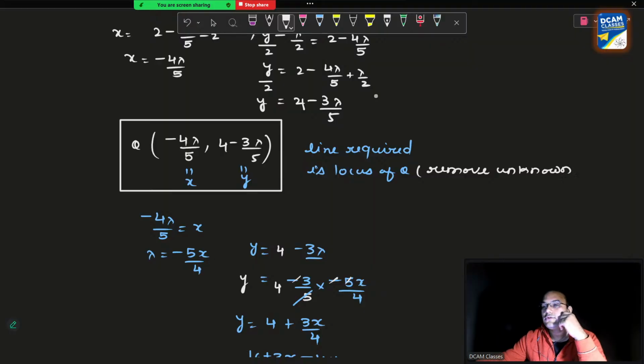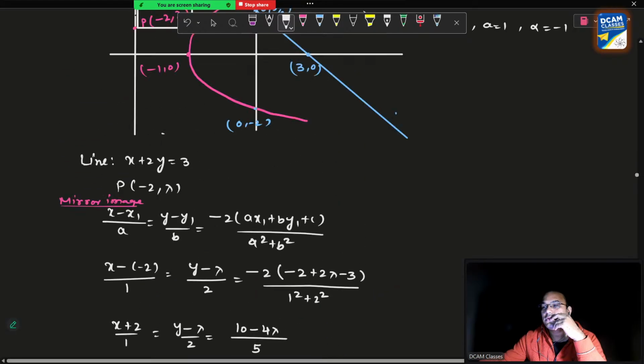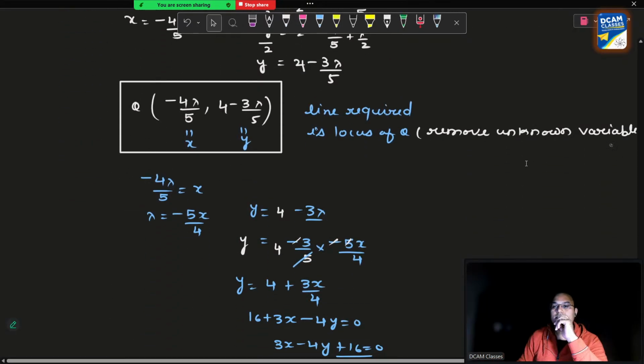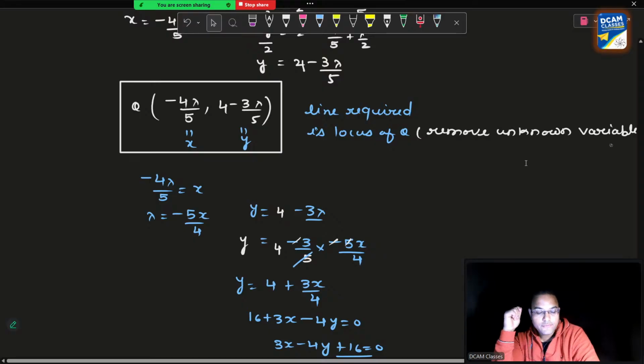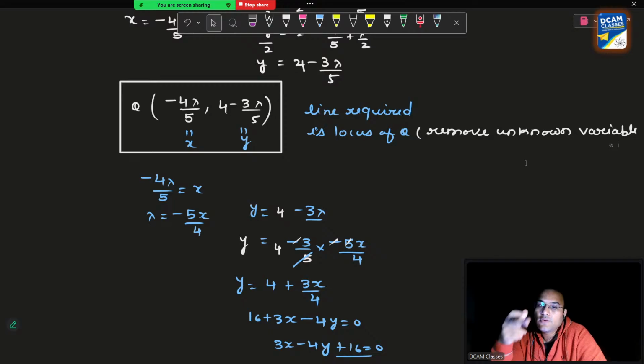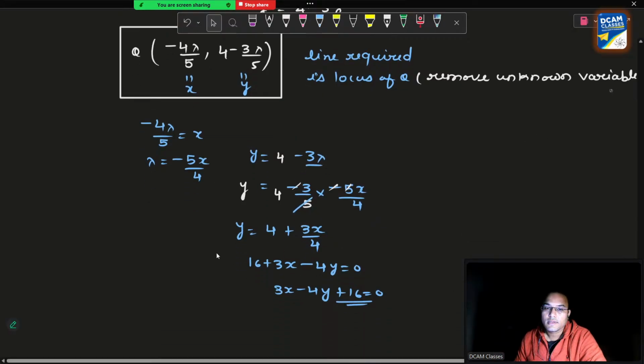I think I've told you this in straight lines. Unknown variable is lambda here. Assume the x coordinate as x, the y coordinate as y, remove the unknown variable, and you get the locus. That's the general technique to find the locus of a point. That's what I have done: took it as x and y, removed the lambda.